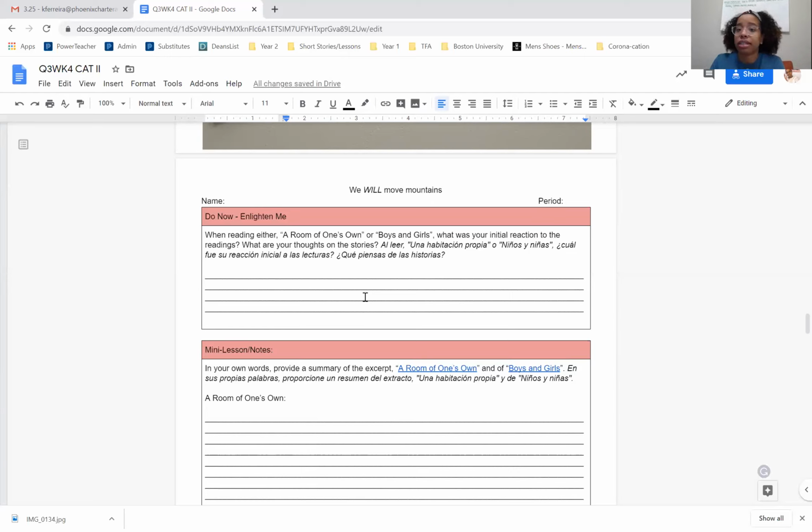Virginia Woolf doing things that she shouldn't have been doing, right? And in Boys and Girls, Alice Munro being very honest about her own past and what she experienced and how she believes, if that's true or if it's not. She just does it really well in these short stories, right? So that's my initial reaction to the short stories.